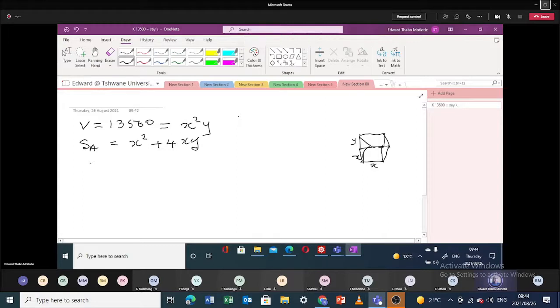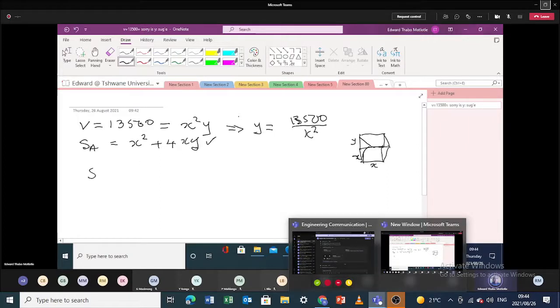So it means that here we can make y the subject of the formula. It means that we have y equals 13,500 divided by x squared, and then we substitute into the second equation.